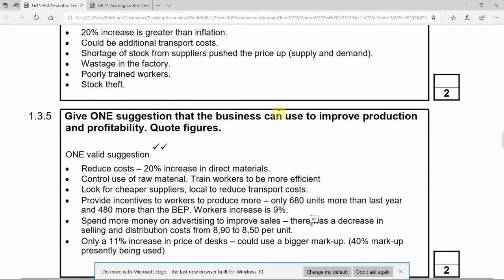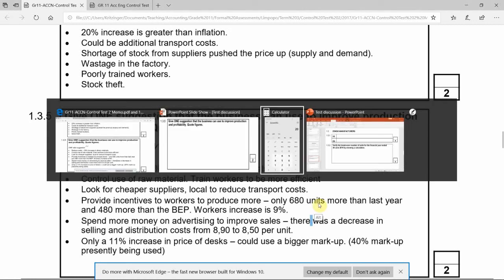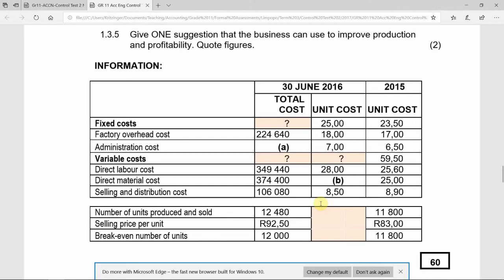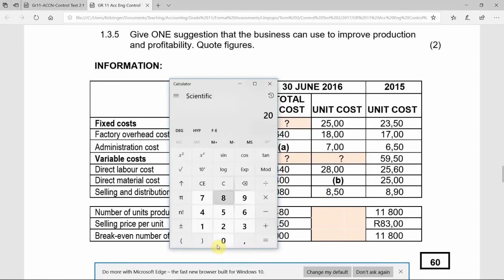If we go back to our information, then if we take 680, that's what we produce more, divided by what we produced in 2015, the original, and multiply by 100 over 1.